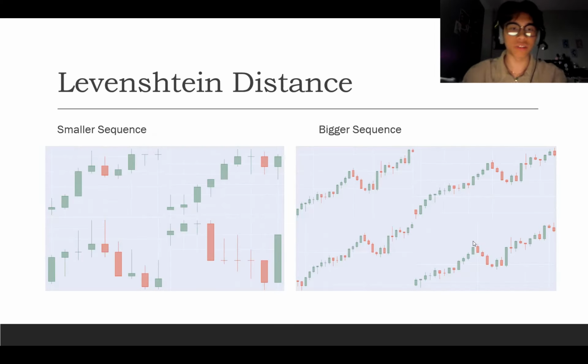So here are the results from the Levenshtein distance. As you can see here, with a smaller sequence, like this search only has like 8 candlesticks, while this one has much more. With the smaller sequence, you see the most similar and the second most similar look pretty much the same, relatively. But when you compare to the third most similar and the fourth most similar, they don't look the same at all.